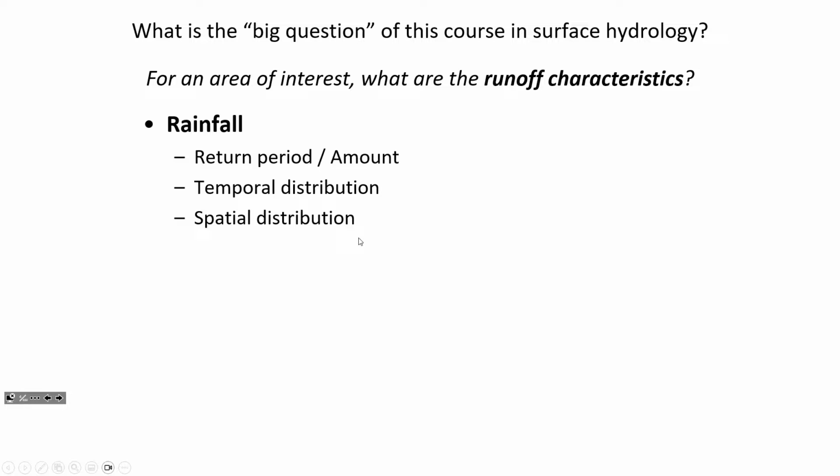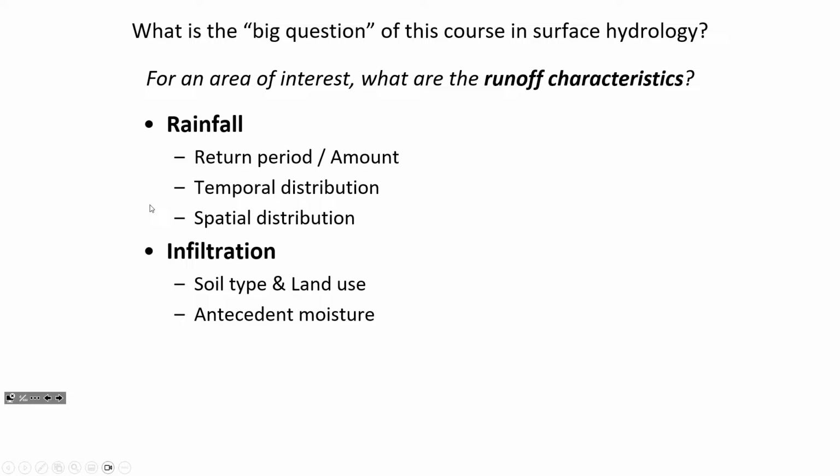Or on the windward side of a mountain range, so that's the side of the mountain range that the wind is blowing at, it would be wet there and really dry on the leeward side of the mountain range, which is once the air goes up and over on the other side of the mountain, sometimes it can be a desert, whereas the windward side could be really lush and green. We'll look at some maps of Hawaii, which is a really dramatic place that you can observe spatial distribution of rainfall.